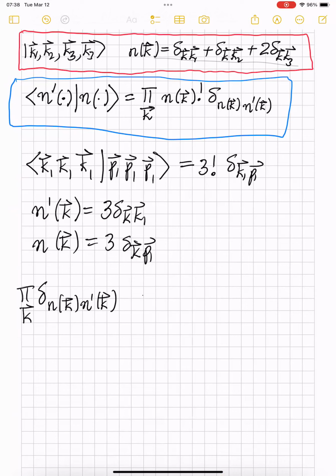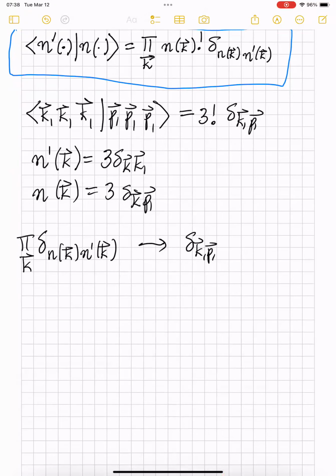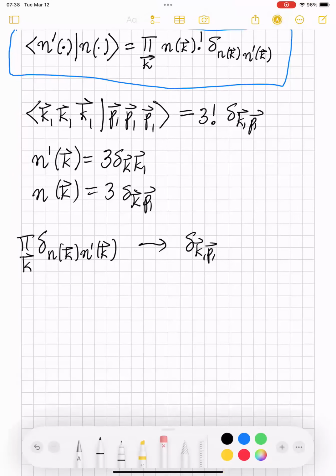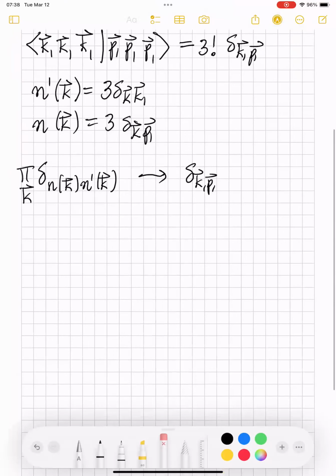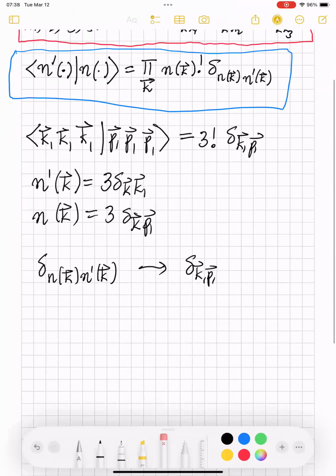So this product of all of your deltas is just going to give you a delta k1, p1. When k1 is equal to p1, in that case, we know that the 2 occupation number representations are the same.